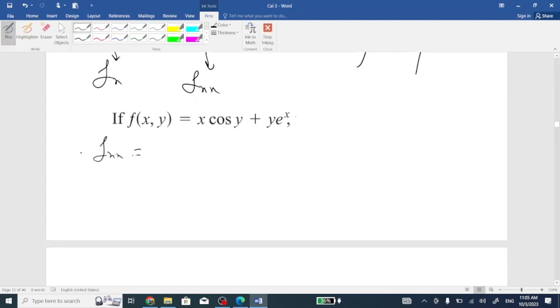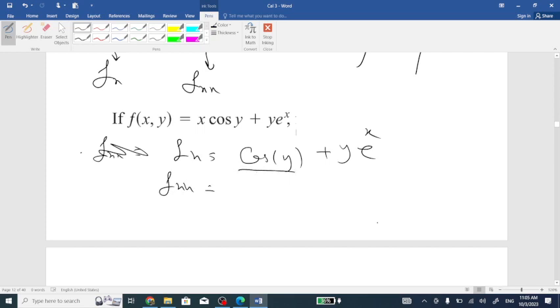So for fxx, we need to find fx first. I say fx is equal to cosine y plus e to the x, yeah? Derivative of e to the x is e to the x. And for fxx, I want to find the derivative of here again.